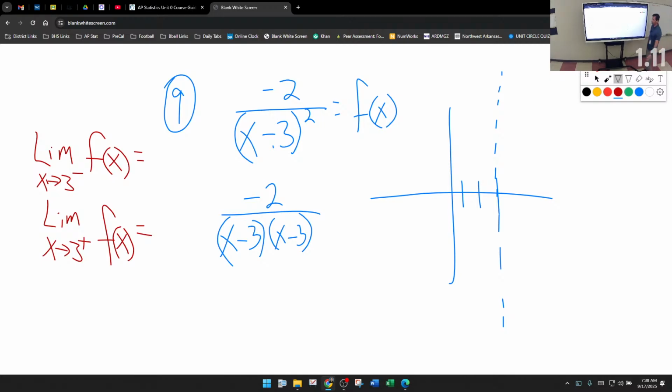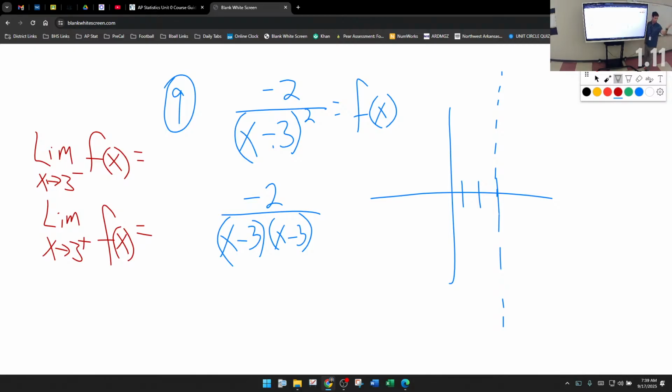So the bottom's always going to be positive and the top's always going to be negative. And if the top's always negative and the bottom's always positive, I'm always going to get a negative. And we know this is an asymptote. And if it's always going to be a negative, there's no way to go up to positive infinity.